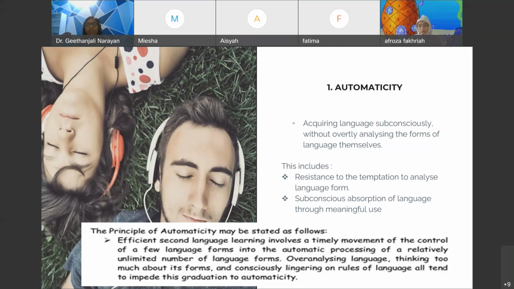So there is constant thinking that goes on, and you are actually using the language consciously. Very scared of making mistakes. But when you have this automaticity, you don't have to worry about whether it's right or wrong because you know it is going to be right. Can you understand? Yes. Okay, that's the concept, all right?